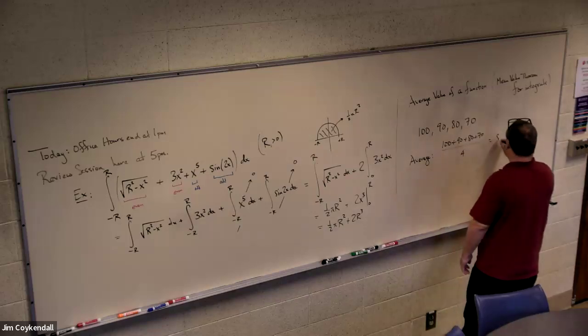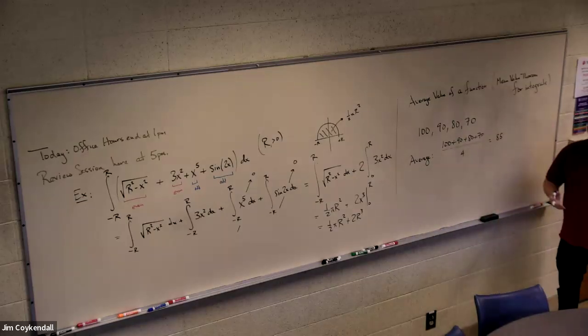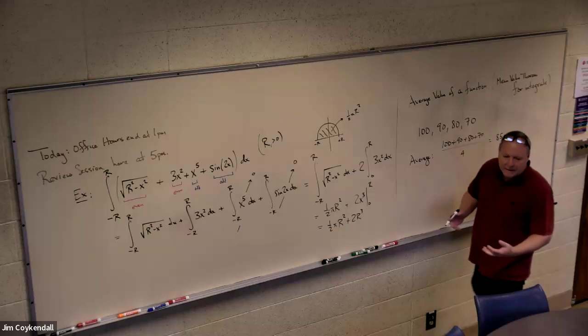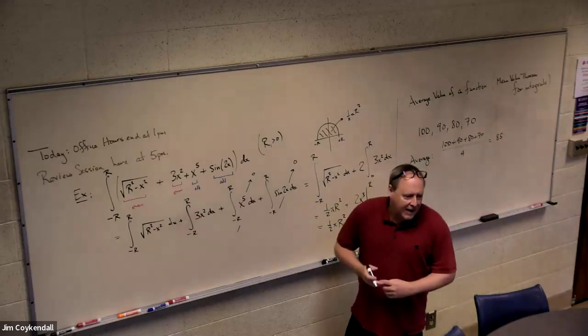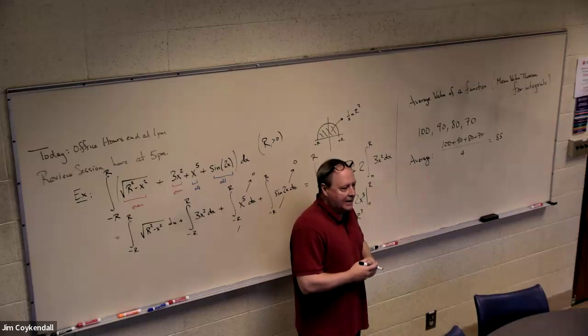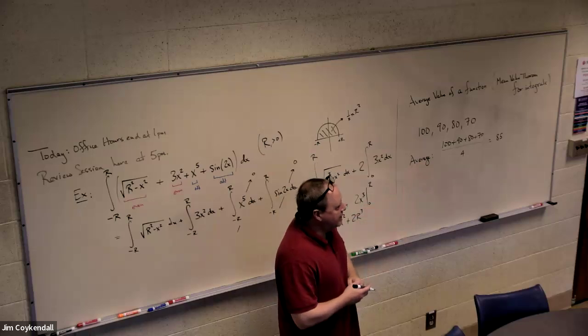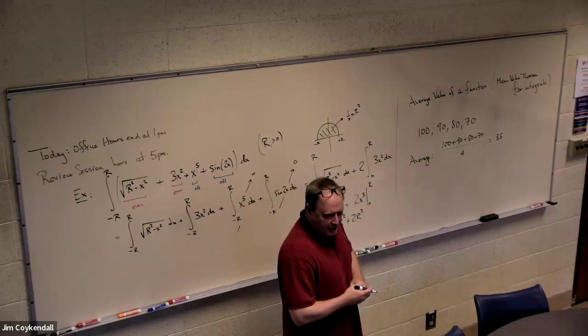And this is 85. Everybody's aware of that, right? The way you take an average, if you have n items of data, you add all n items up and you divide by n. So if you've got 100 things, you add all 100 things up and divide by 100. Everybody familiar with that?